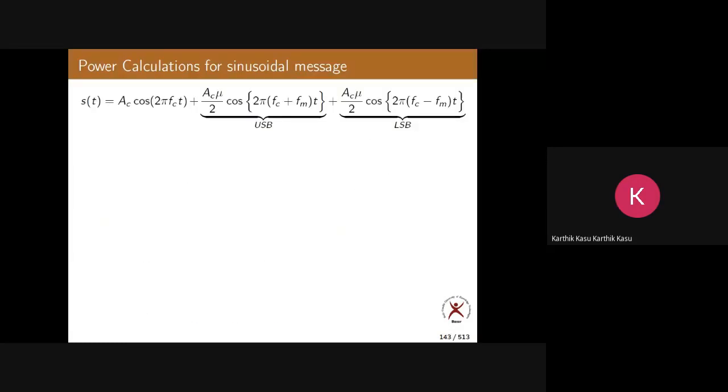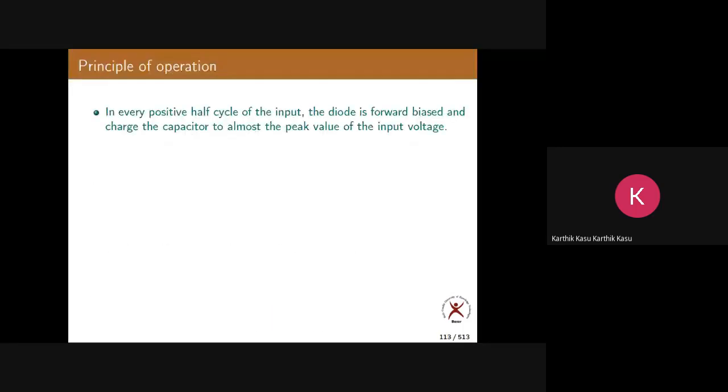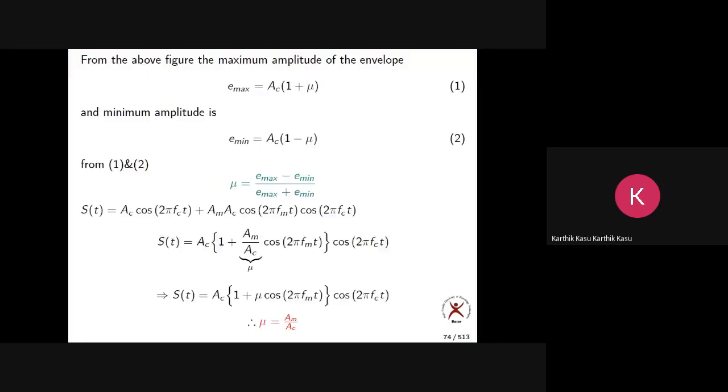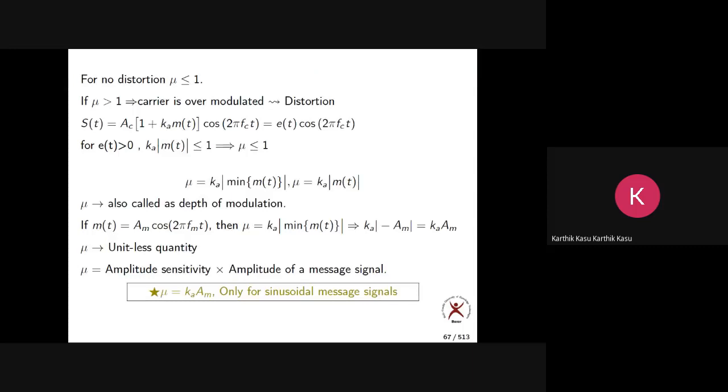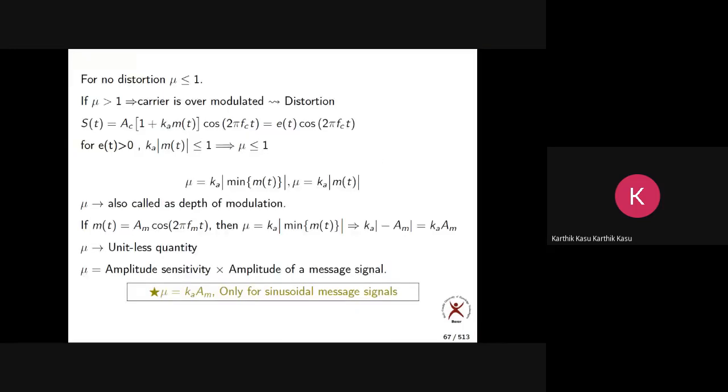Someone asked me this doubt, right? Here, mu equal to Ka into AM.